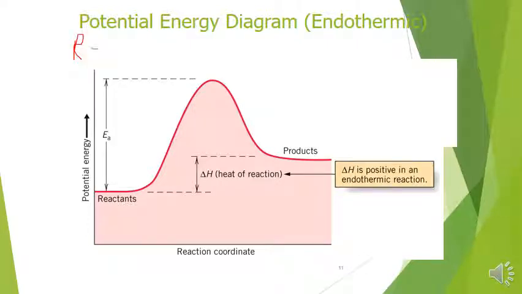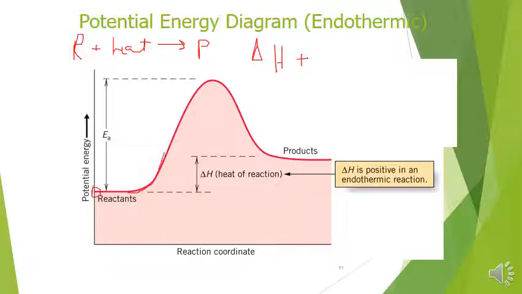Okay, so let's look at an endothermic reaction. Delta H would be positive. Hope you remember this from Chem 121. So here's your reactant down here.